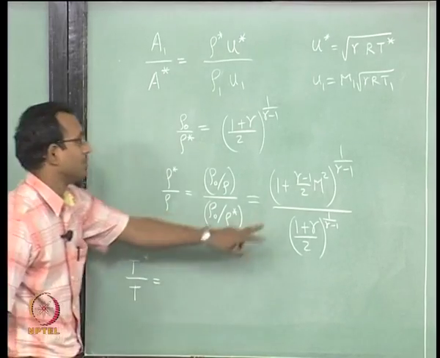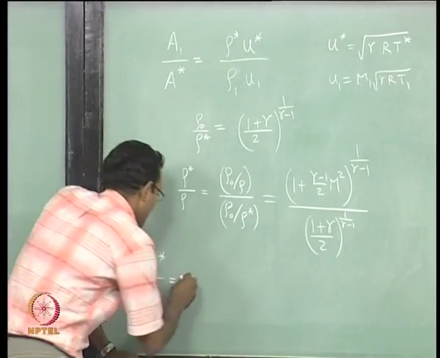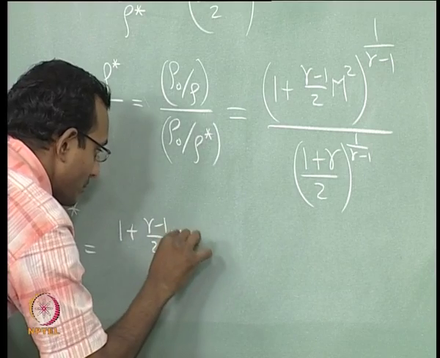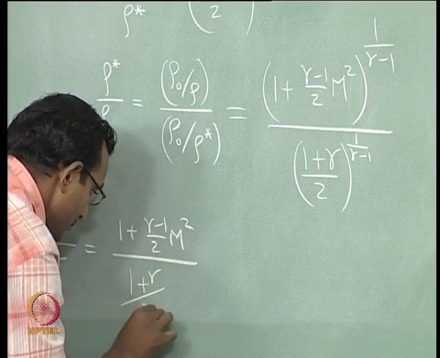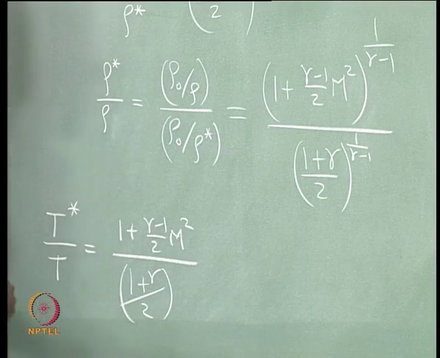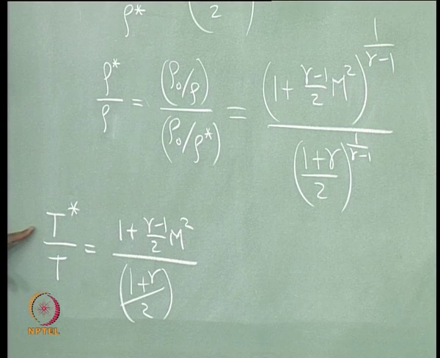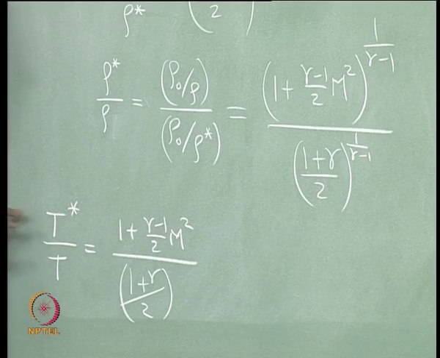This will again be a similar formula to the power 1. So it will be this expression, where I have assumed that T naught is constant, isentropic flow is still assumed, so it comes out to be this.